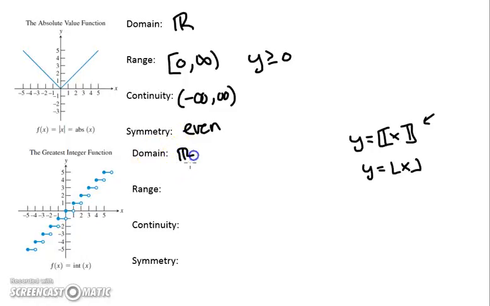So the domain is going to be all real numbers. The range is, we'll just say, all integers. So the Z, that's a Z, represents integers, just like the R is real numbers. We're not going to say where every discontinuity is here, but we'll say there's a lot of jump discontinuities.